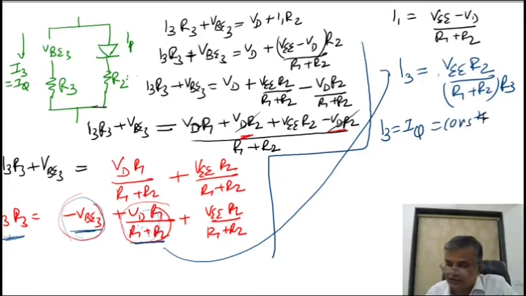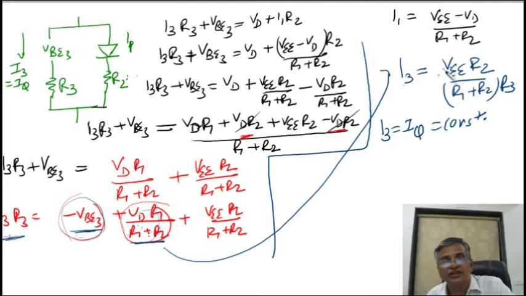Sir, why? What is the reason? The reason is that I3 does not depend on transistor parameters. It depends upon supply voltage and resistance, but all these are constant quantities.